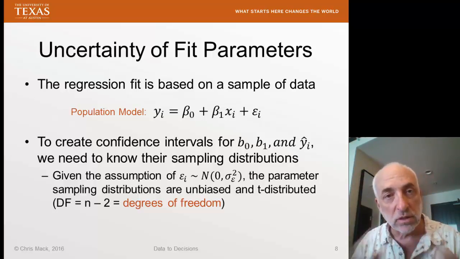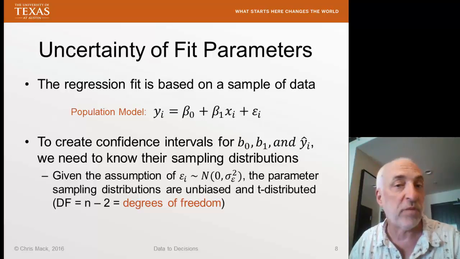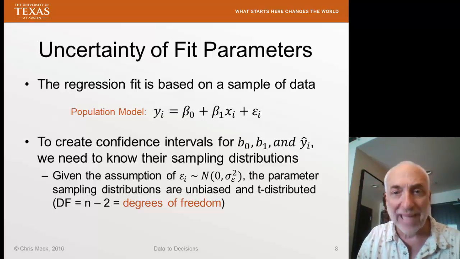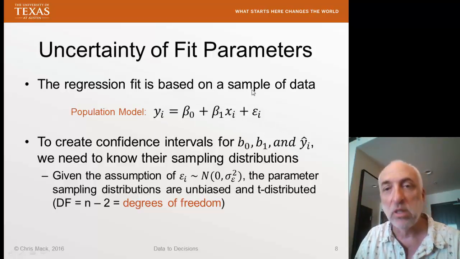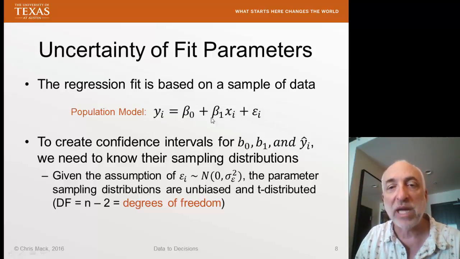To determine the uncertainty of our fit parameters, we recognize that the population model, the true model, is estimated by estimating the values of beta 0 and beta 1 and estimating what the residuals are, e sub i.